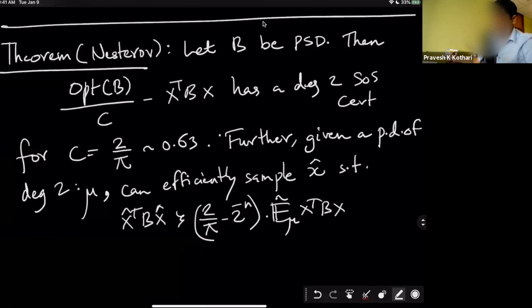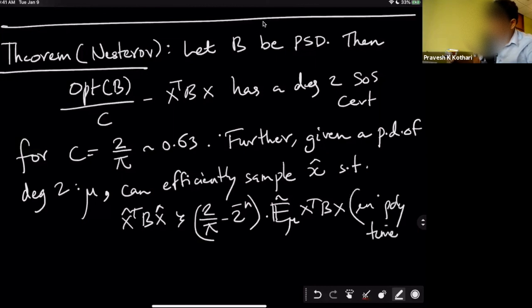So we can get essentially a 2 over pi fraction of the objective value that the SDP was giving us in polynomial time. So that's what I meant by efficiently. Good.